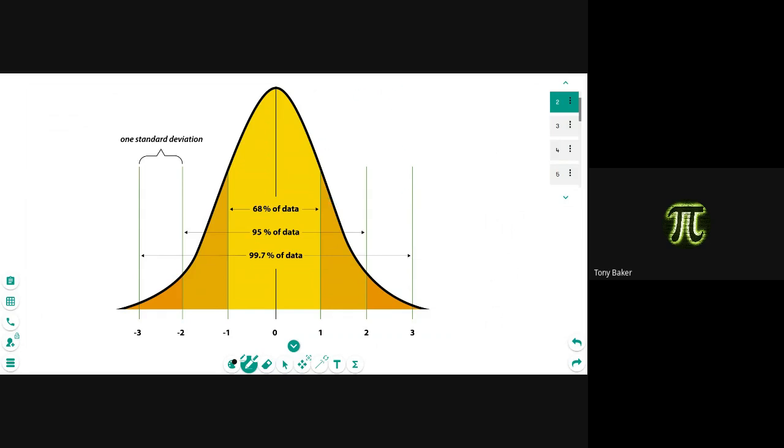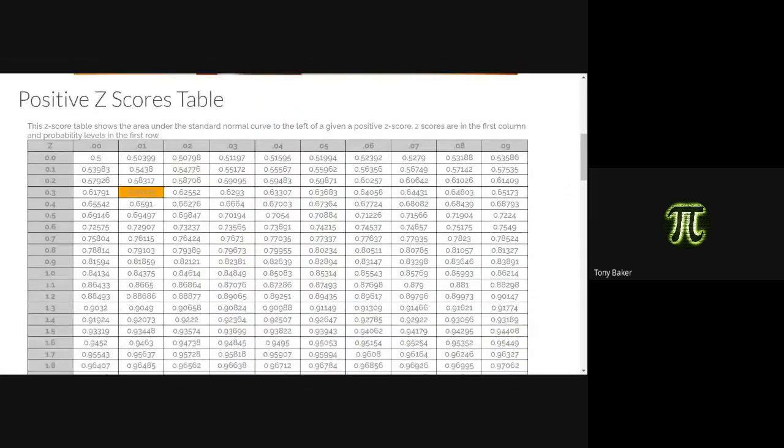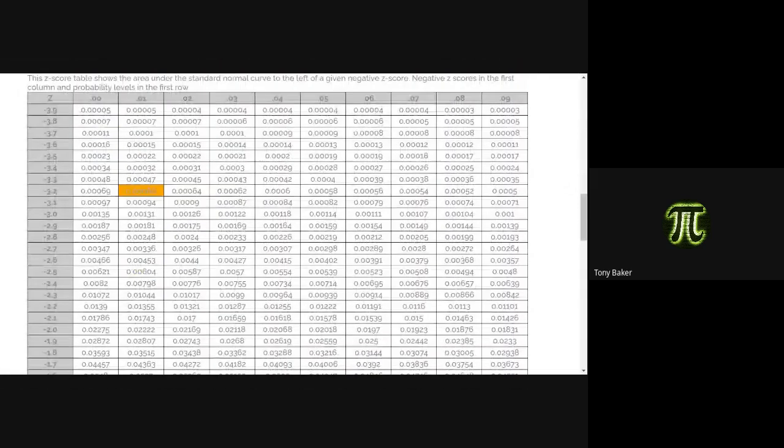Okay. On the sheet, there's two sides, positives and negatives. So the z-scores are on the outside, the percents are in the middle. Here, let me bring one up on the screen. Negatives. Okay, so on the outside is your z-scores.